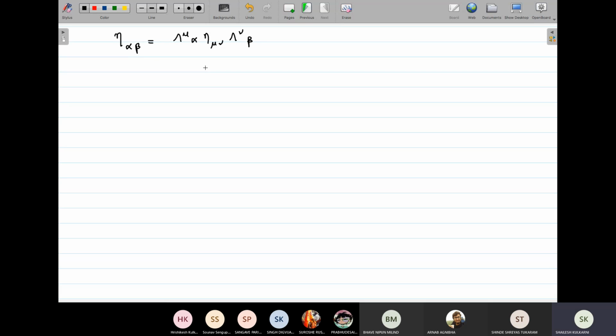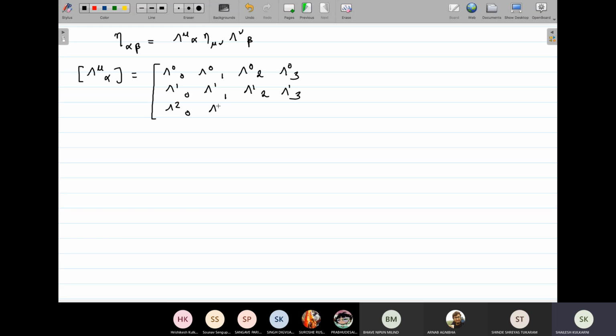Remember how lambda mu alpha in the matrix notation will be like this: lambda 0 0, lambda 0 1, lambda 0 2, lambda 0 3, and lambda 1 0, lambda 1 1, lambda 1 2, lambda 1 3, lambda 2 0, lambda 2 1, lambda 2 2, lambda 2 3, and lambda 3 0, lambda 3 1, lambda 3 2, and lambda 3 3.